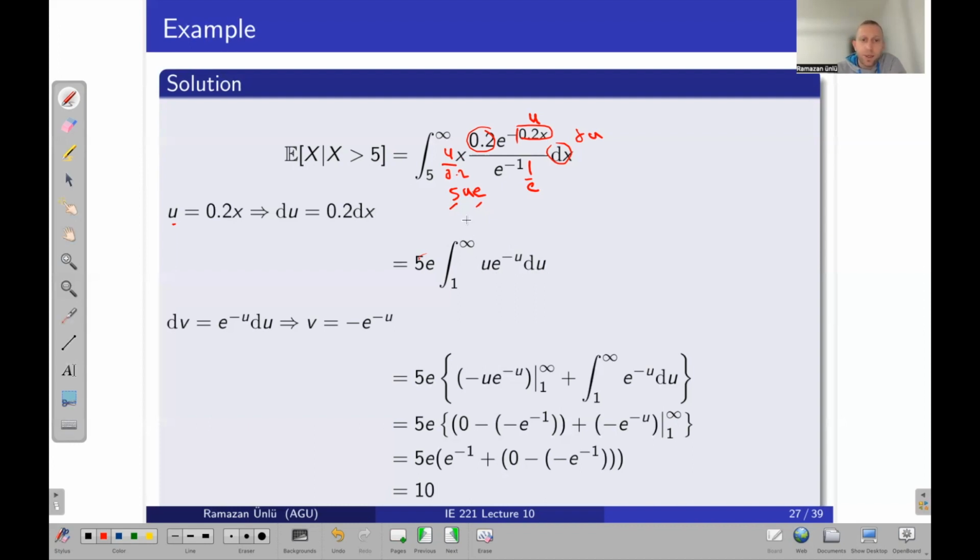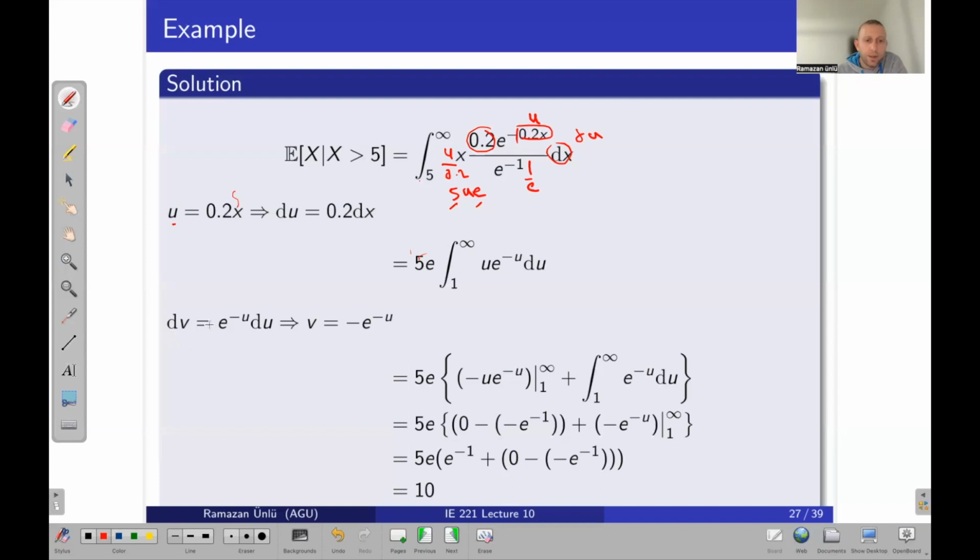Now let's look at the limits. If x is 5, u will be 1, and if x is infinite, u will be infinite. So that is the integration we need to solve. To solve this one, we can do integration by parts.